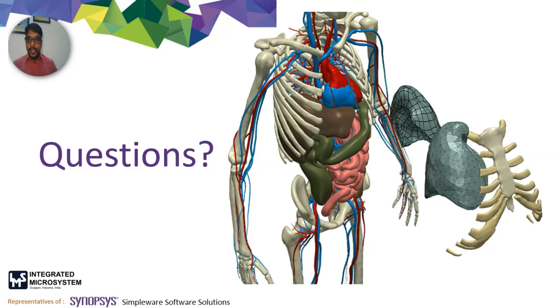Our software has various modules in it, which enable you to select or customize your package based on your requirement. The modules start from ScanIP, CAD, NURBS, and various other modules ranging to simulation modules as well. ScanIP is our base module, which allows you to do segmentation with lots of available tools.